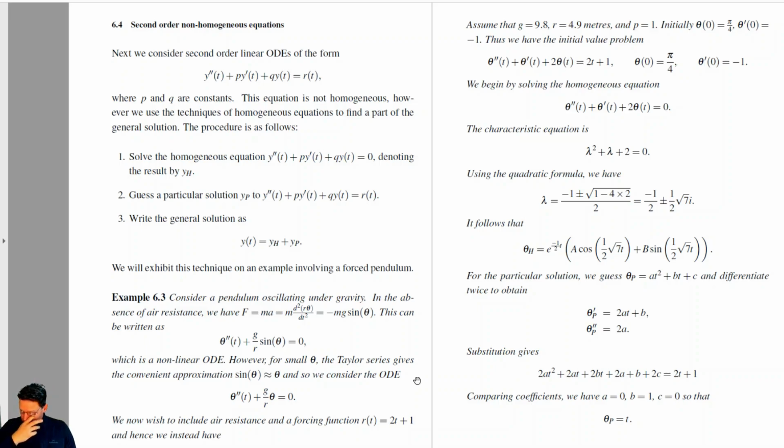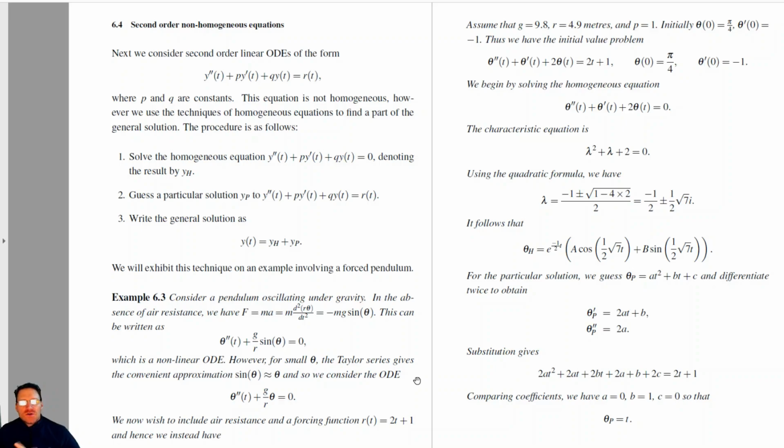That's just how the Taylor series works. And I imagine this will have been gone over in the numerical analysis course that's offered by USC, but I don't know for sure. So we approximate this equation with theta double dash plus g over r theta equals 0.